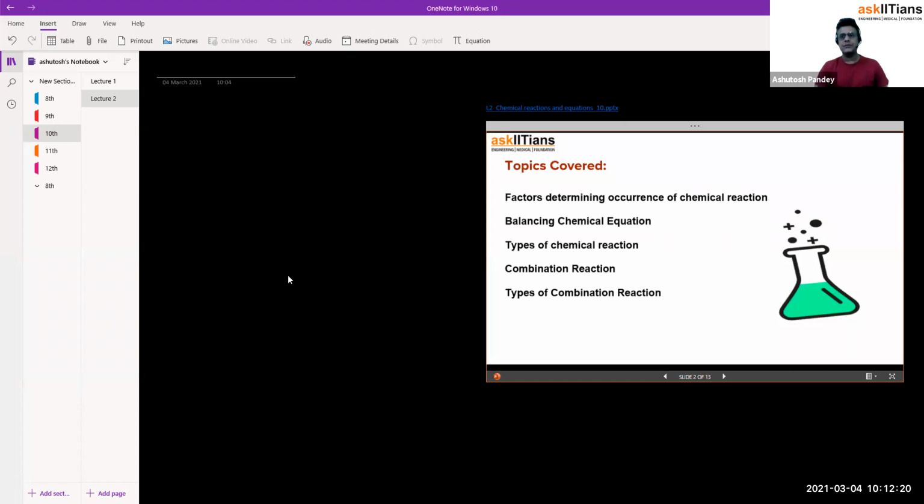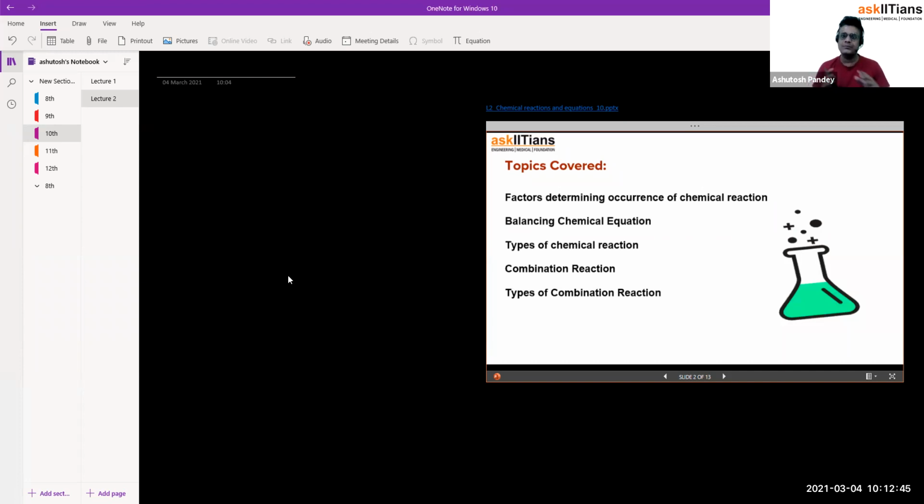Now in this lecture we are going to cover these topics: factors determining occurrence of chemical reaction. Then we'll see the balancing of chemical equations, because balancing, I feel, is a very interesting topic. Not a tough one, but interesting. Then we will see types of chemical reactions.